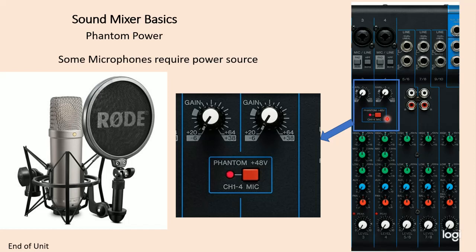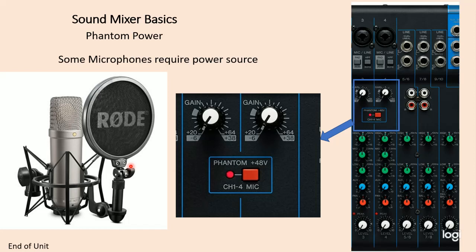It's a button, and in this mixer, it's right in the middle. Other consoles have different ways to access this, but it's known as phantom power. And when we study microphones more in depth, you'll find there are some microphones that are strong enough that they make their own electrical signals that they send back to the board.